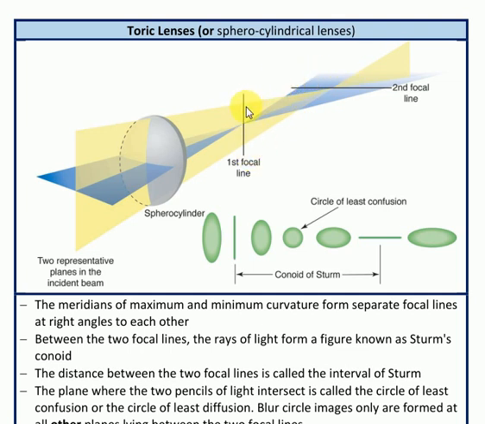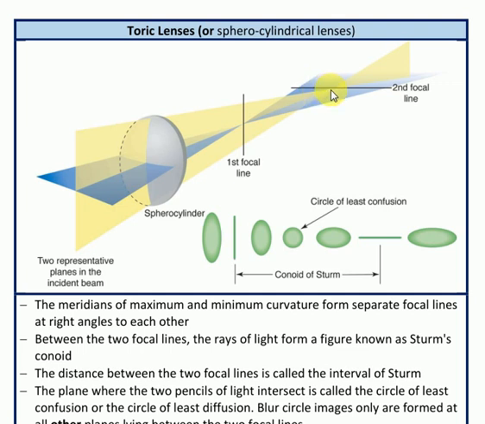As you can see, first focal line and second focal line. One meridian forms one focal line and the other meridian forms another focal line, separated by a distance, and they are at right angles to each other.